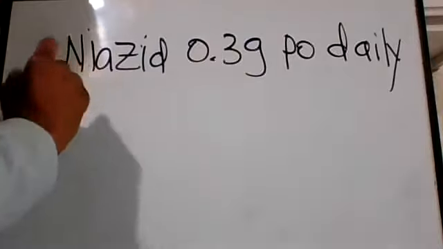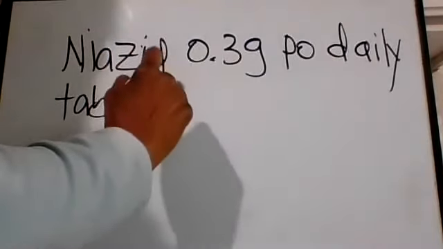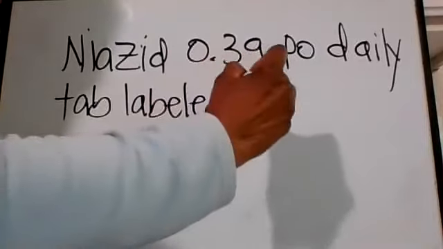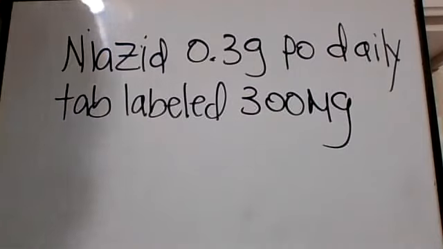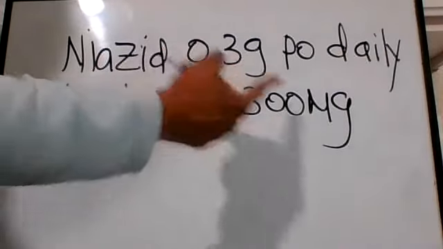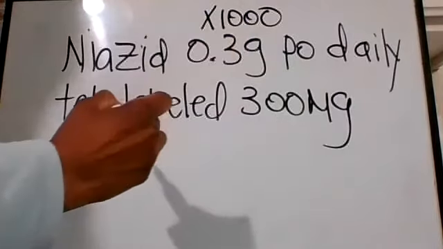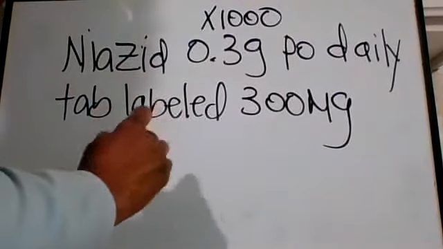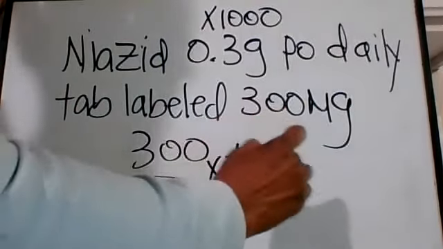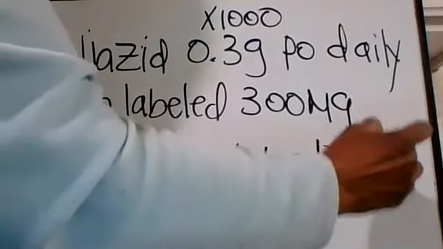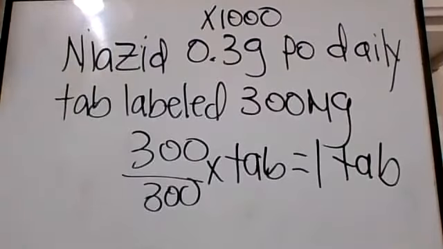What we have available are tablets labeled at 300 milligrams. Right, so we have to convert grams to milligrams, largest to smallest, multiply by 1,000. We come up with 300 divided by 300 times tablet, 1 tab, right? All righty.